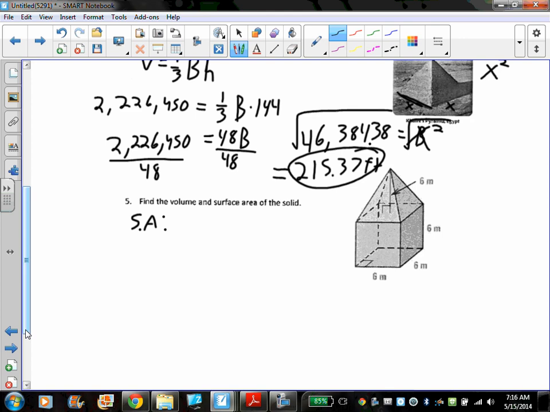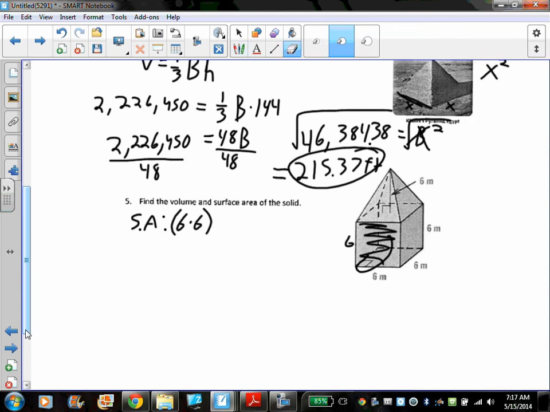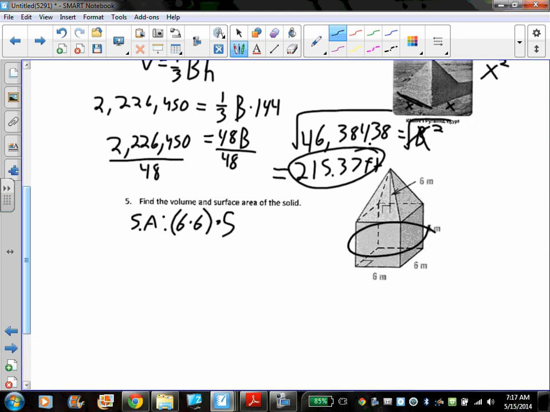The area of one of these sides, since it is a square, is going to be 6 times 6. That's the area of one of these cube sides. And we want 5 out of the 6 of them. So what we're going to do is take the 6 times 6 and multiply that by 5, and that will give us the surface area of the cube.